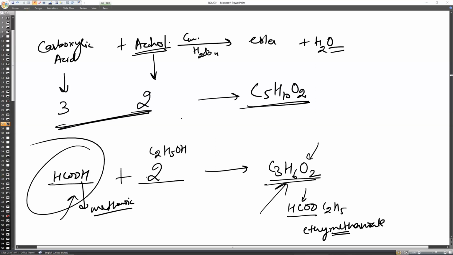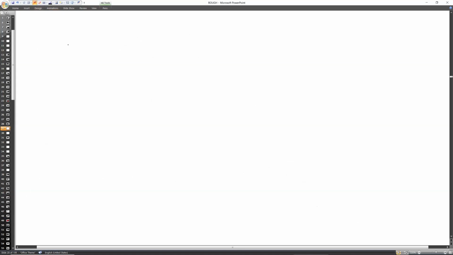Yes, sir. It will not be methyl ethanoate, because it will be methyl ethanoate when we have a two carbon carboxylic acid and one carbon alcohol CH3OH.